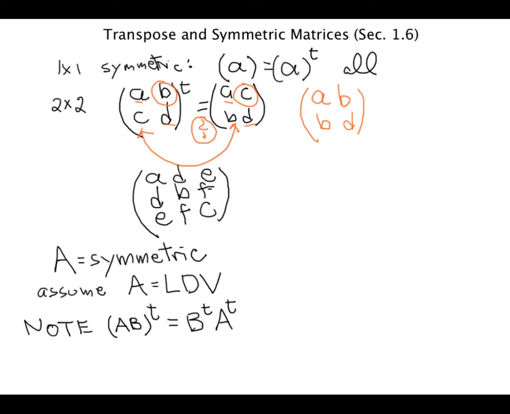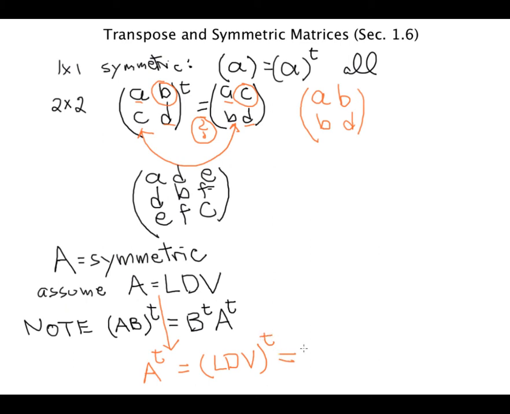So that says that if you take this identity for A and take its transpose, you conclude that A transpose is LDV transpose.